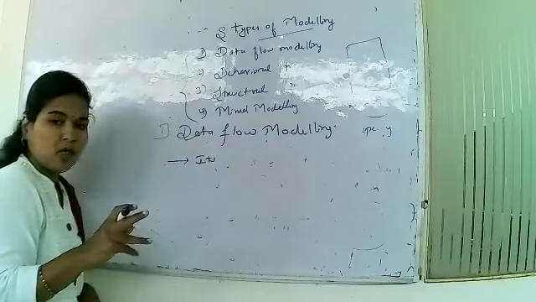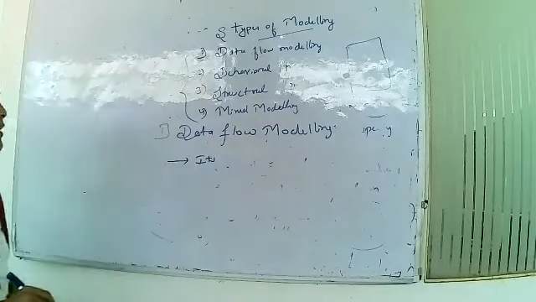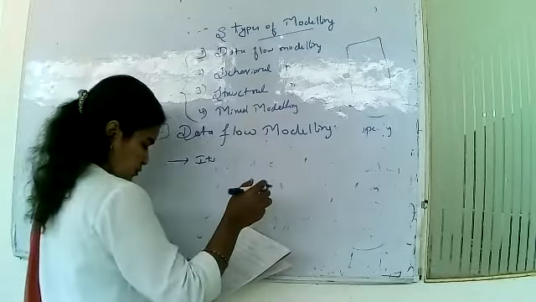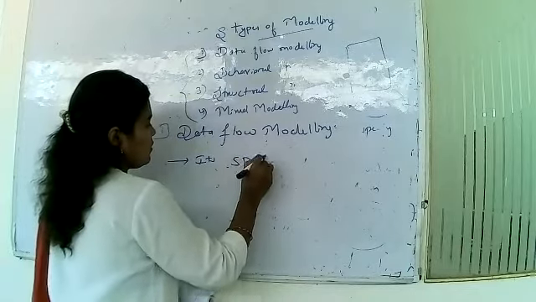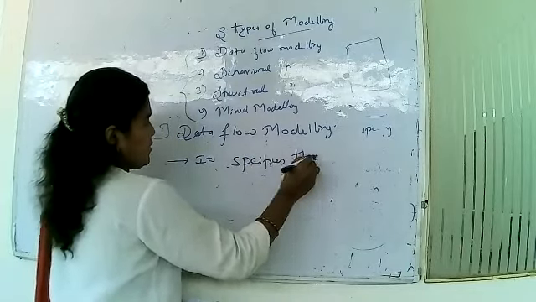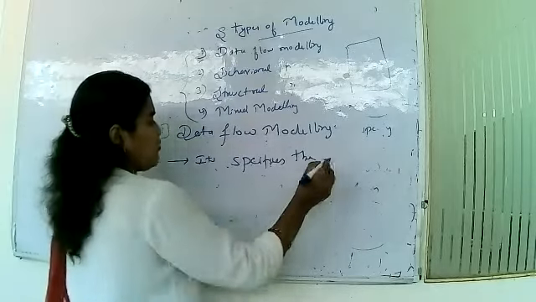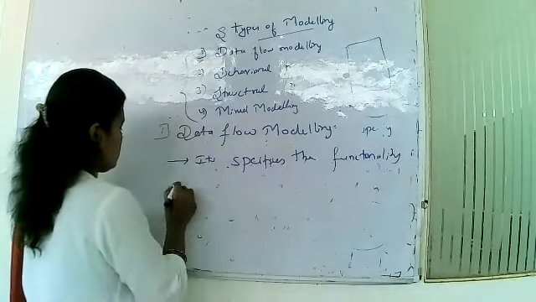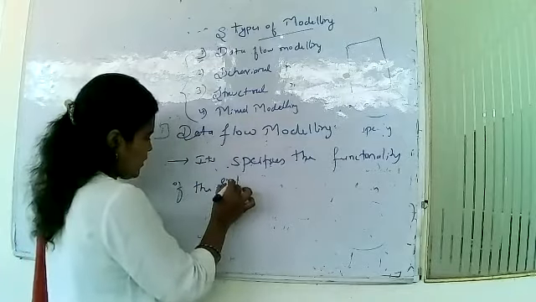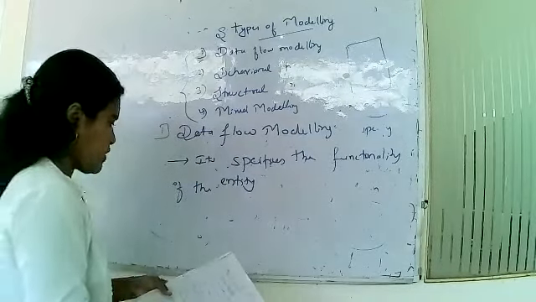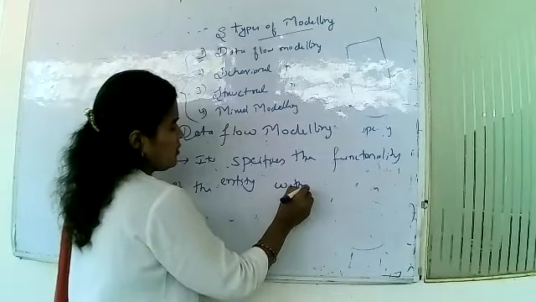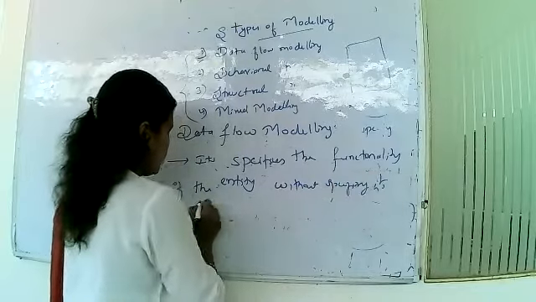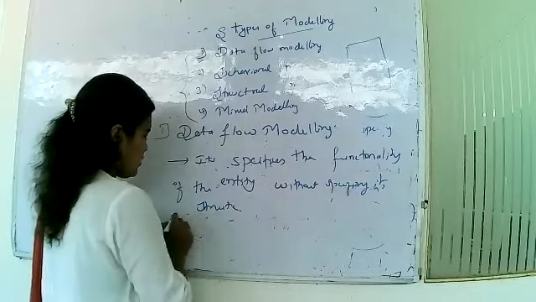Now I am explaining the first style, data flow modeling. Data flow modeling specifies the functionality of the entity, that is, without specifying its structure.